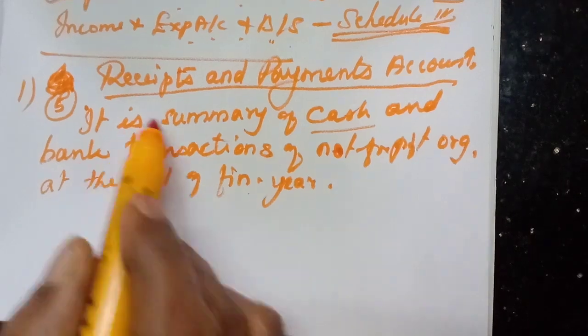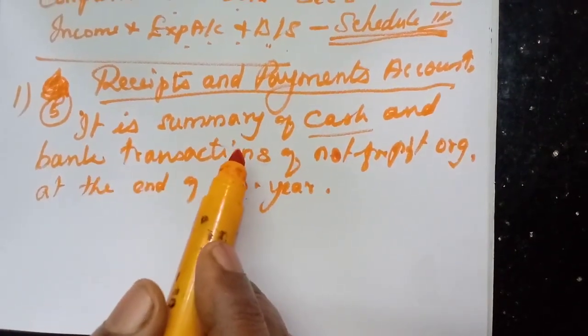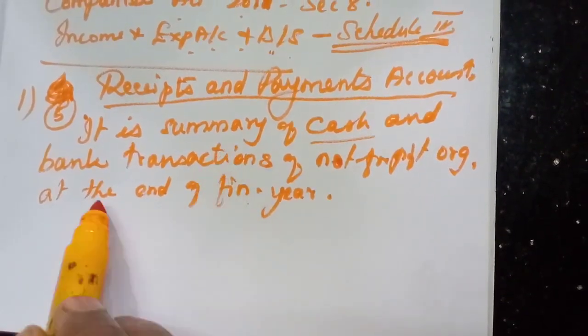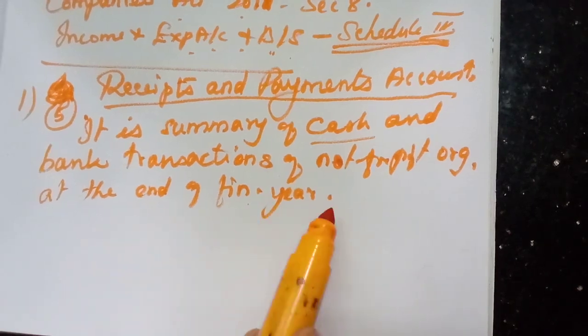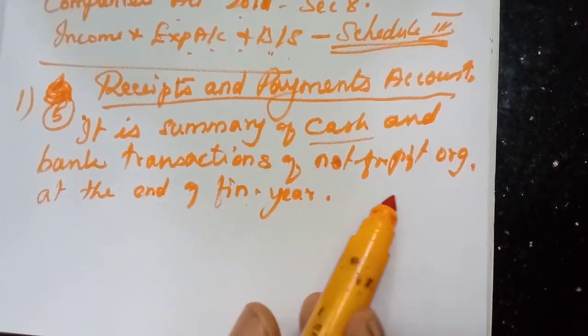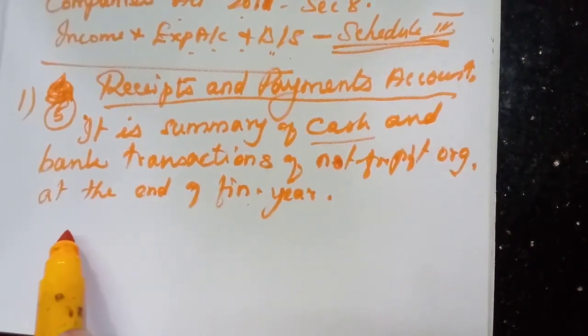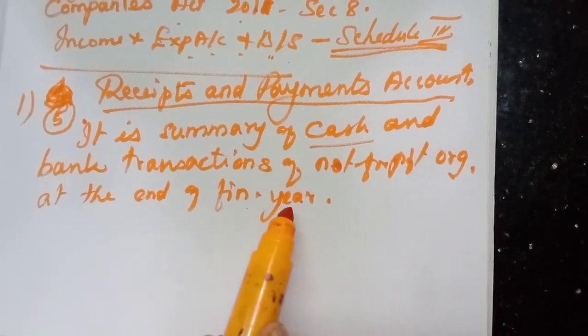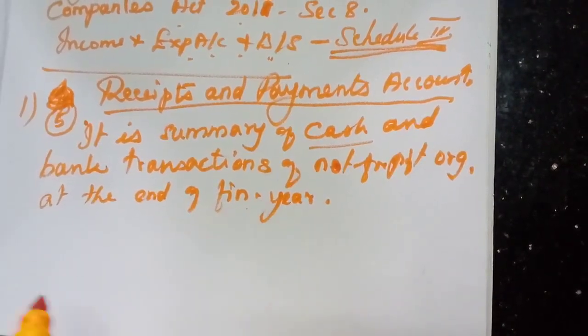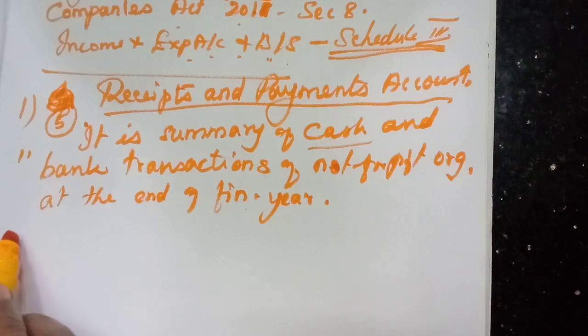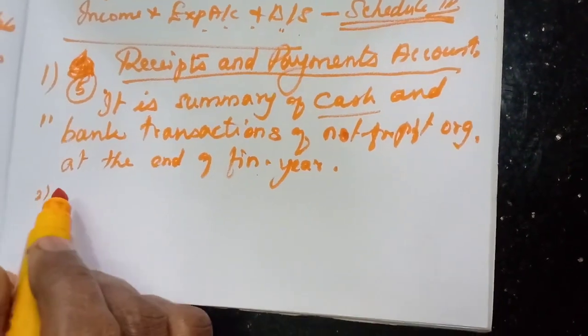That is called receipts and payments account. Then next, I will explain point by point.